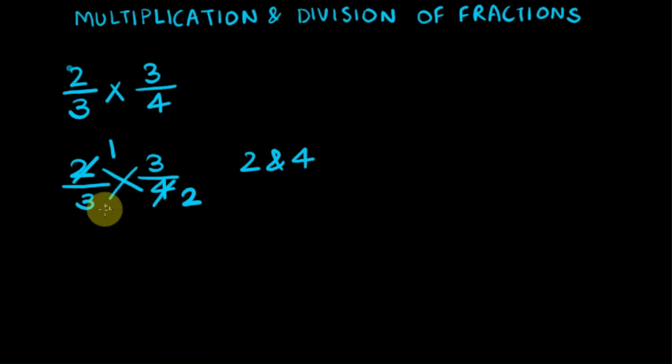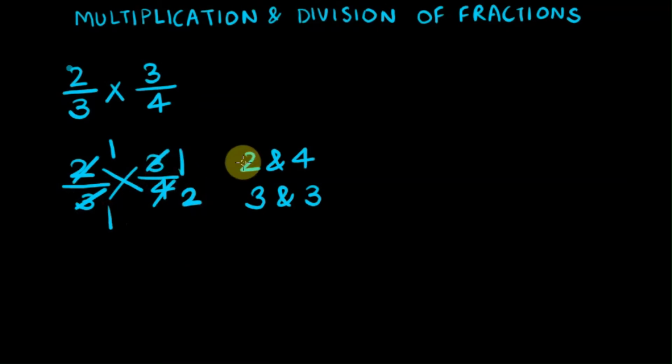Now I'll look at the denominator of the first and the numerator of the second fraction, that is 3 and 3. Here the highest common factor will be 3. So 3 ones are 3 and 3 ones are 3.